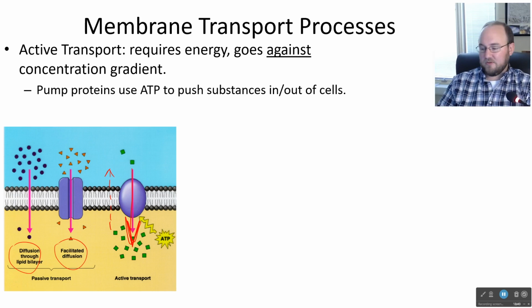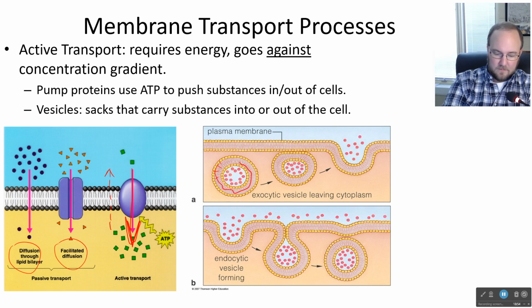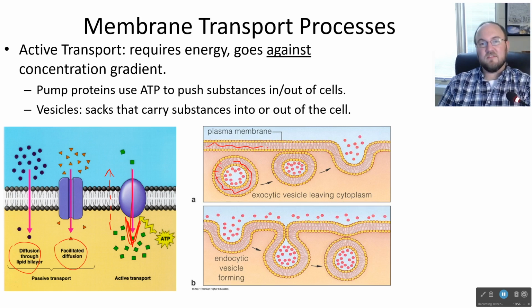One more type of active transport is a little different. It uses things called vesicles. Vesicles are, think of them like little bubbles, sacs, made of phospholipids, just like the cell membrane, made of the same stuff, but they're just little bubbles of it that are for carrying clumps of whatever it is we're dealing with into or out of the cell.